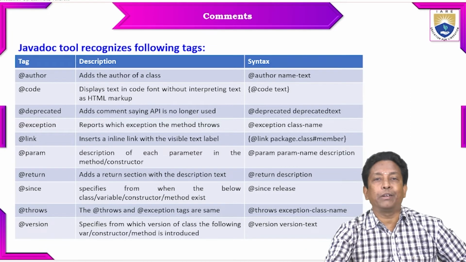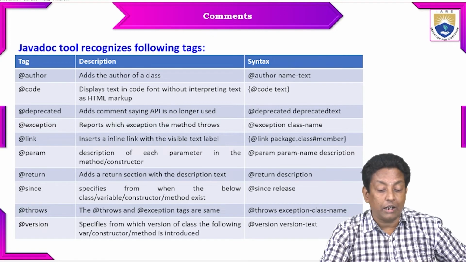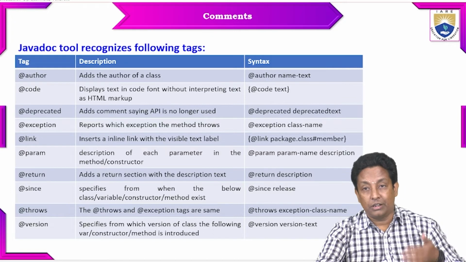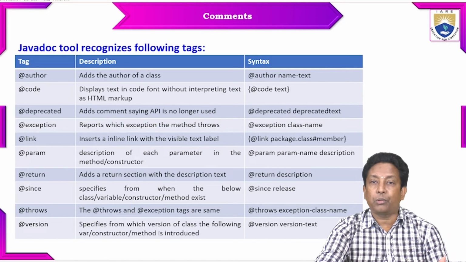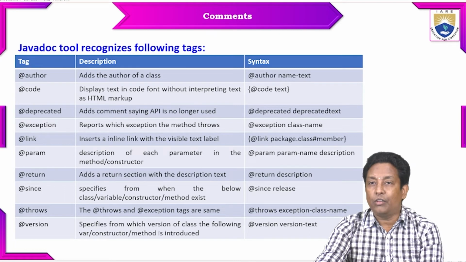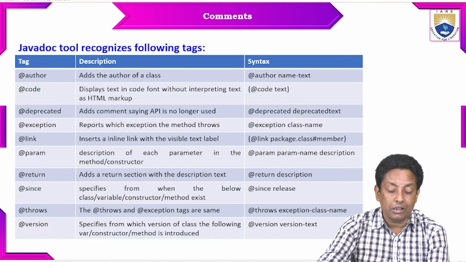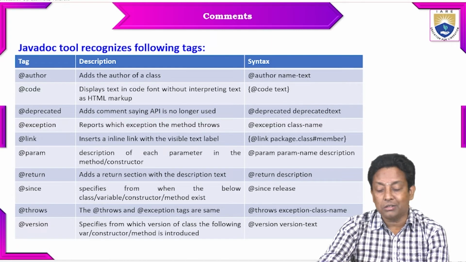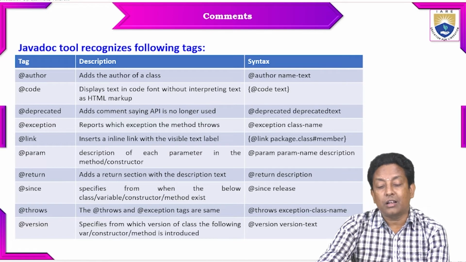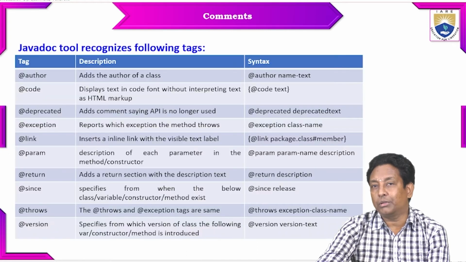So the previous method is marked as deprecated. @exception, @link. Suppose regarding our method or our class, we want to provide external hyperlinks. Then we can add @link, followed by that external hyperlink. @return, @since, @throws, @version. So these are some of the popular tags used in the Java documentation.